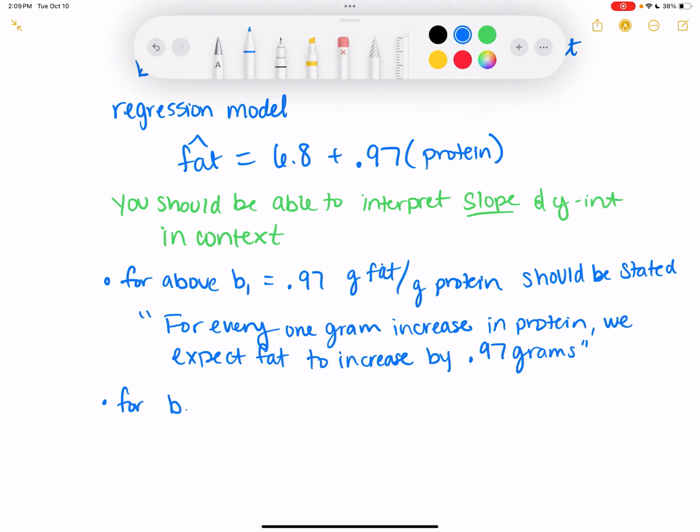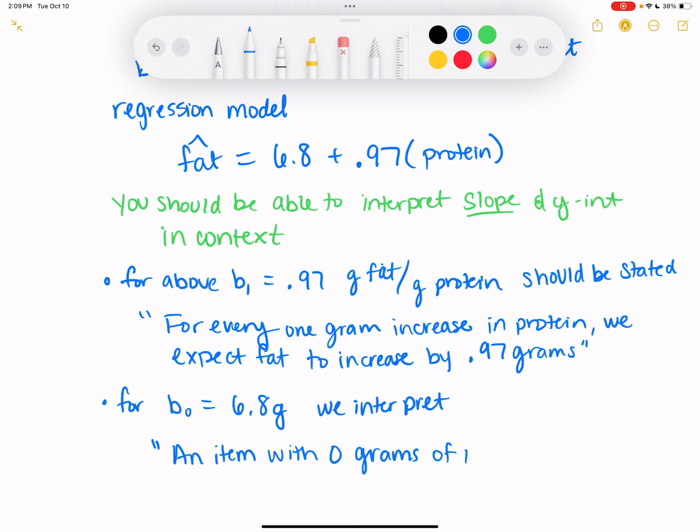For b0 equal to 6.8 grams, we interpret an item with 0 grams of protein would be expected to have 6.8 grams of fat.